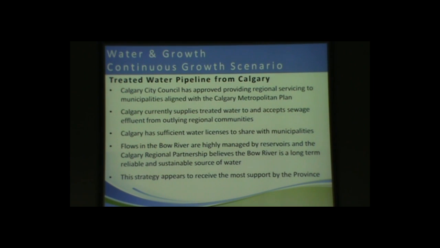One of the things that makes the Bow River as a source of water attractive is the fact that flows in the Bow are highly managed by reservoirs, and the Calgary Regional Partnership believes the Bow is a long-term, reliable, and sustainable source for water. The treated water pipeline from Calgary and regional servicing strategies in general seem to receive the most support by the province of Alberta.